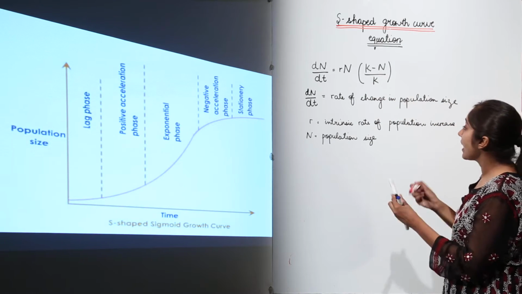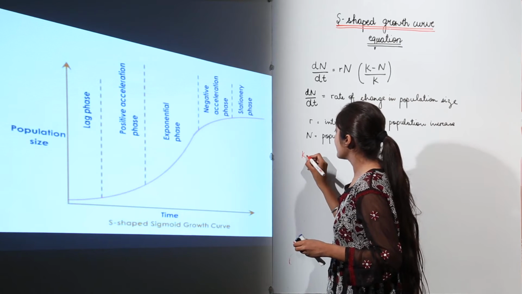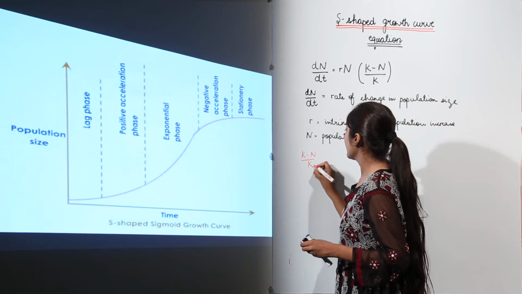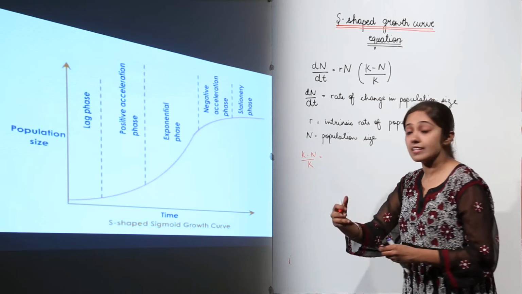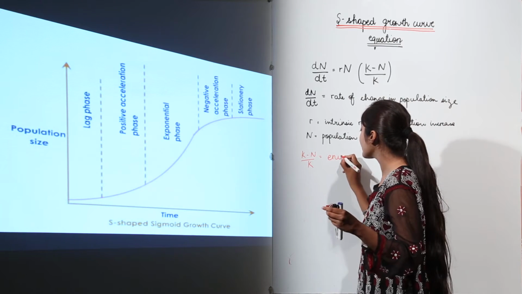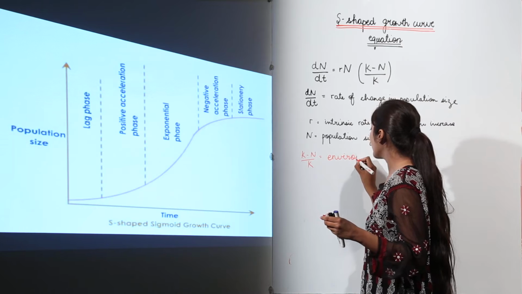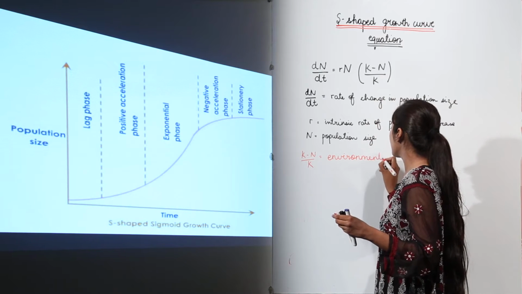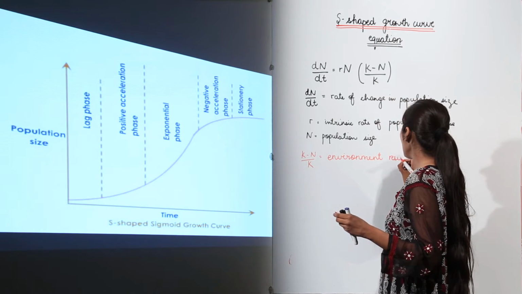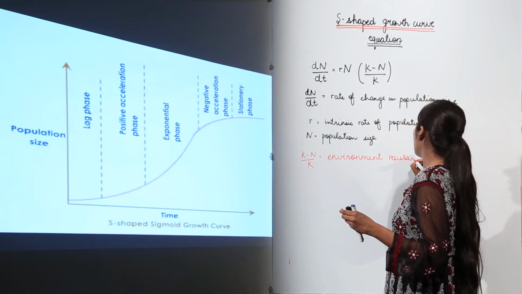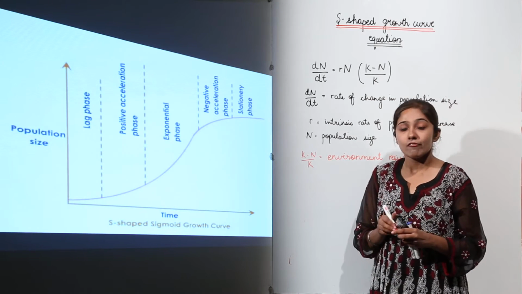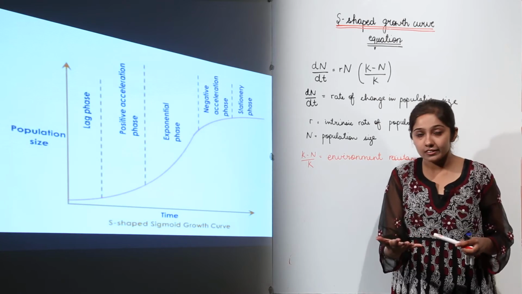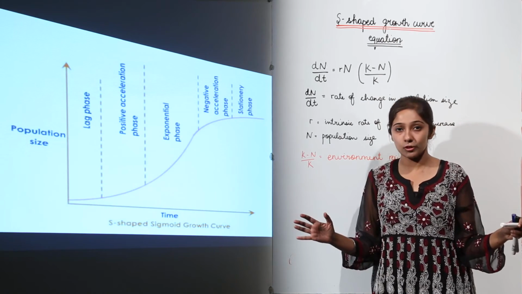This (K − N)/K is actually the environmental resistance. It's very important, try to understand it very carefully. Now what happens when we are studying these growth curves? We are supposing that there are no predators, right? There is abundant food available to the organism.